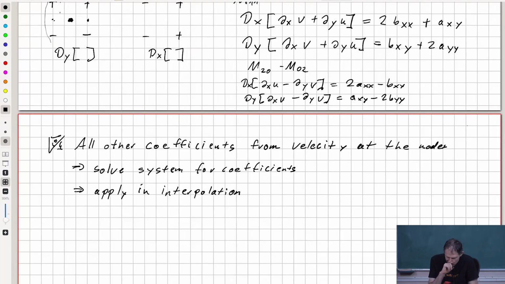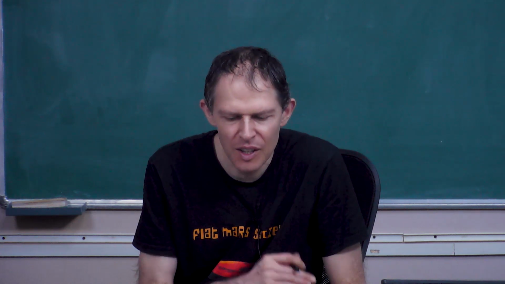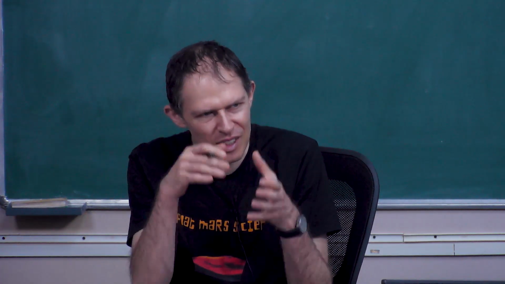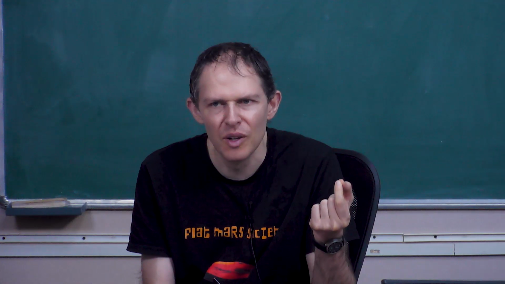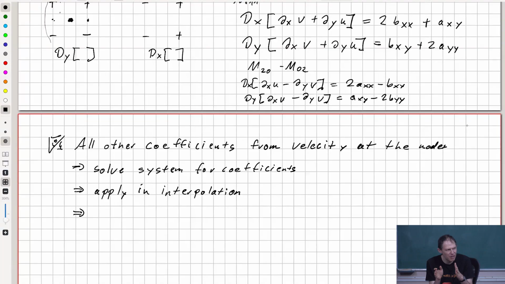For the moments, what we still have to do is recover the non-equilibrium part. So how do we get the non-equilibrium? We need to have the equilibrium part. So we calculate the velocity, then we take the velocity squared, because this is what happens in the equilibrium part. And then we also need the non-equilibrium part. The non-equilibrium part contains these derivatives of u, and we get the derivatives of u by taking the same derivatives of this interpolation function and evaluating them.